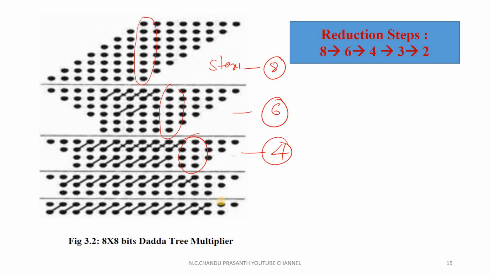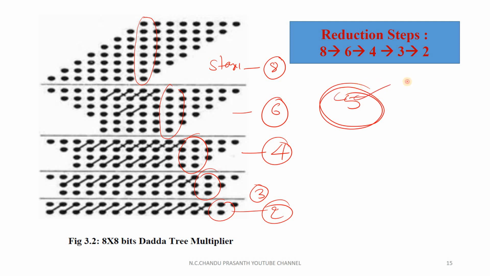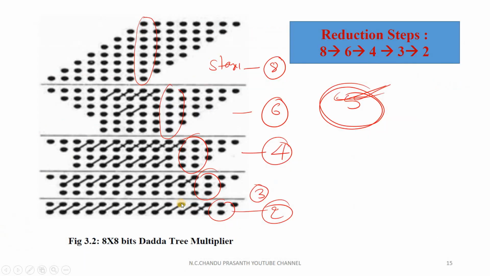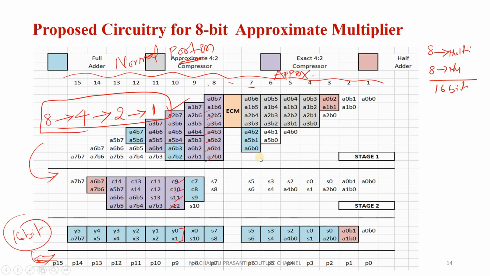In stage 4, it reduces to 3. In stage 5, it reduces to 2. So the Dadda tree multiplier architecture requires 5 stages, whereas our proposed approximate multiplier requires only 3 steps to get the output.